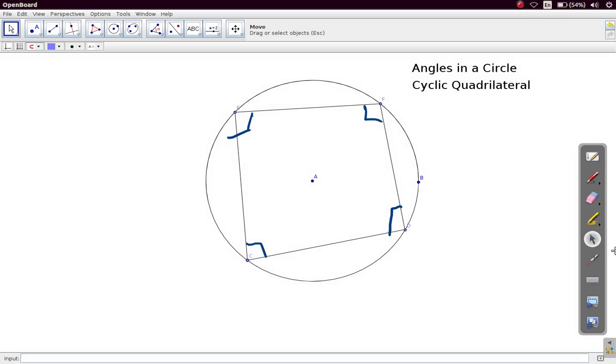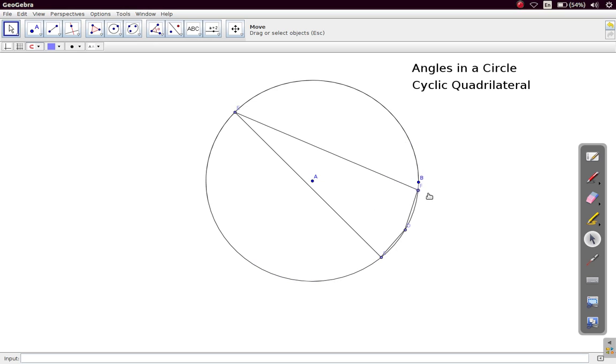Suppose now, let me erase my angles. Suppose I move this point very close to here, and this point very close. What it would mean is that this angle would get very small, going towards 0, right?